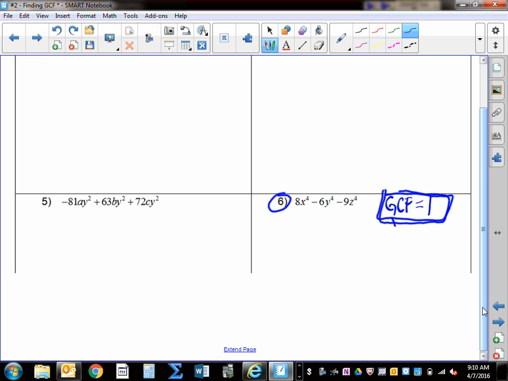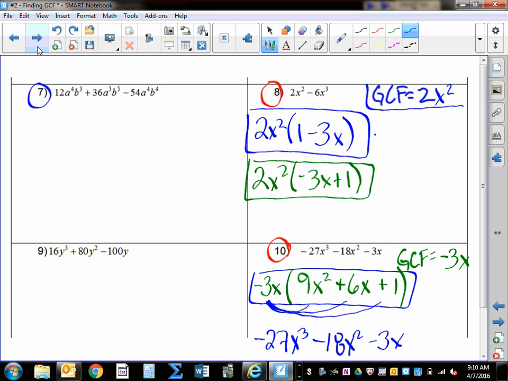Okay, so 6 was done. What was next? Was it 7? All right, number 7. Let's start off with our numbers. My smallest number is 12. Actually, first of all, is this in standard form?